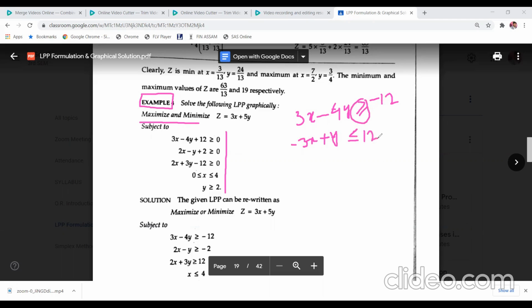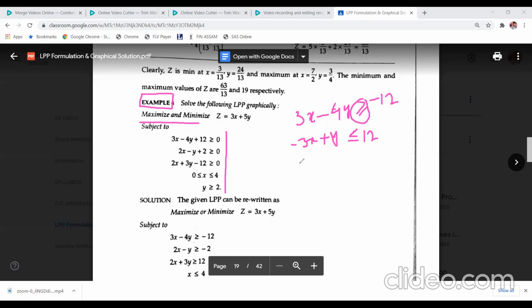Do you know that or not? If you multiply by a negative sign, greater than changes to less than or equal to, and if less than or equal to is there and you multiply by minus, that changes to greater than or equal to. That's the opposite. Similarly, you need to write all of these as equations.